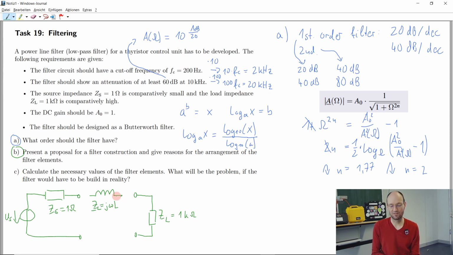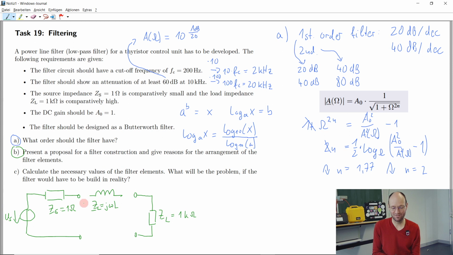Okay, and so then the question is, where do we place the capacitor? To the ground, like a shunt element, but do we place the capacitor rather here or rather there? Before the inductor or behind the inductor? Before.